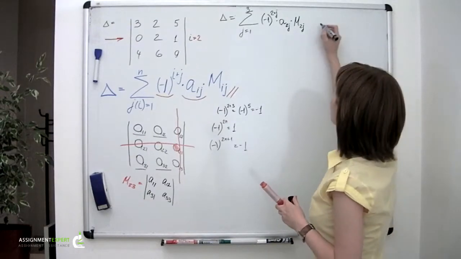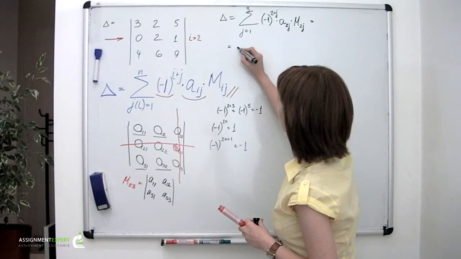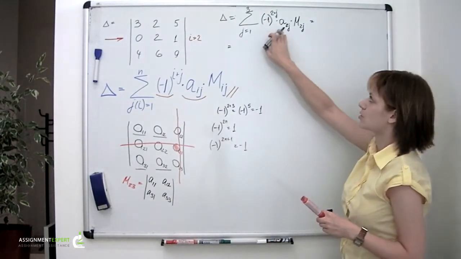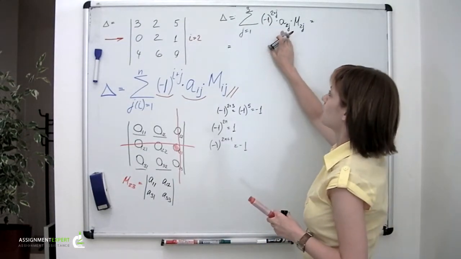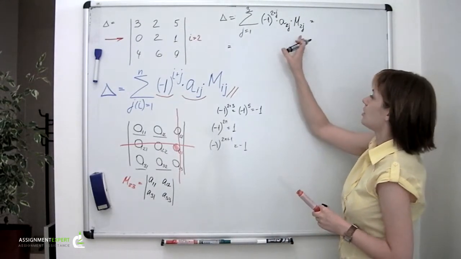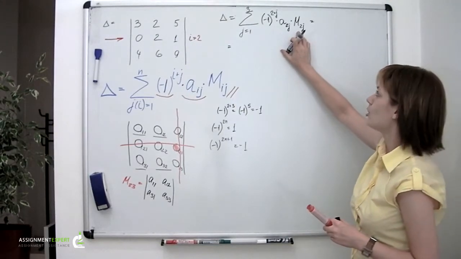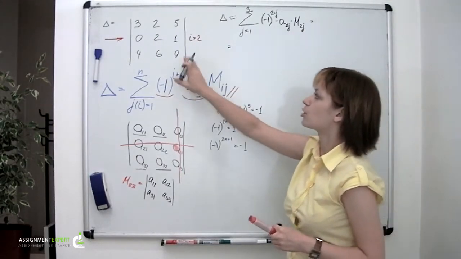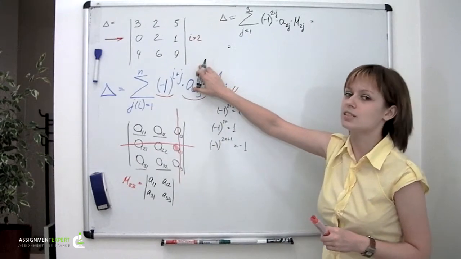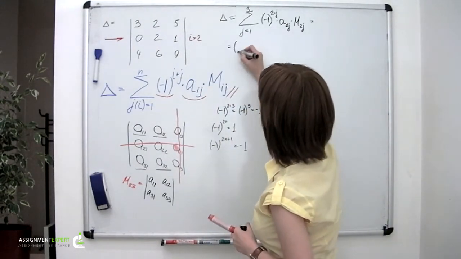Now let us write this expression in detail, substituting j into the formula. This way we will obtain 3 summands, and each of the summands will contain a minor, which is a determinant for our particular case being of the size 2 by 2. Let's see how it goes.